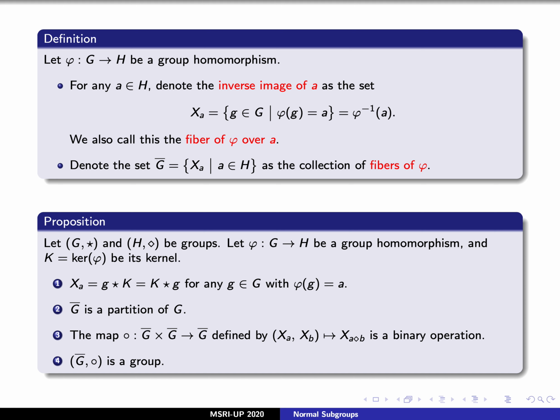So for example, X_a circle X_b is X_{a diamond b}. Again, this allows us to take any two fibers and quote unquote multiply them together. With all of this, the fibers now under this binary operation form a group.